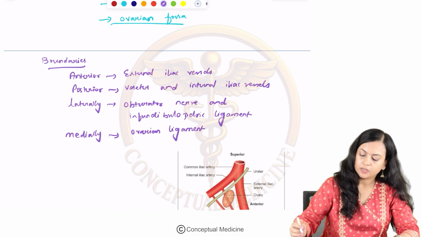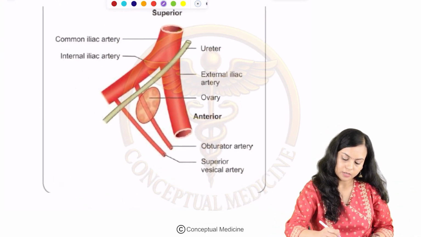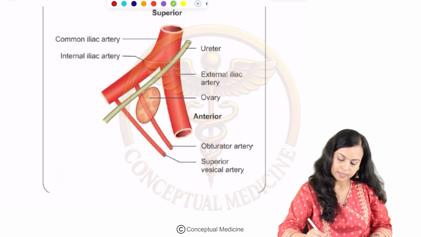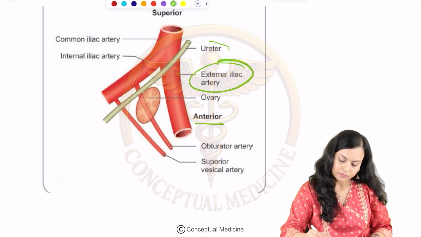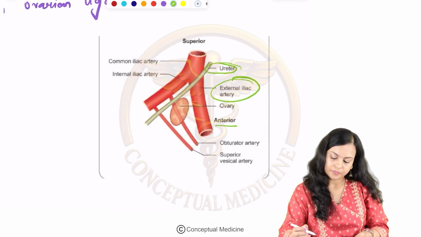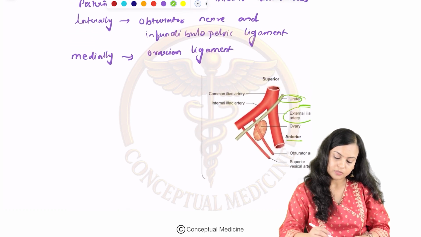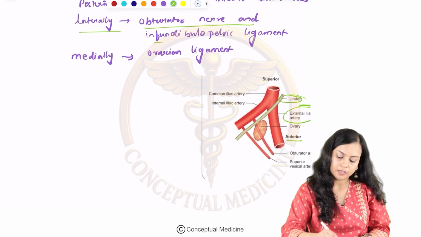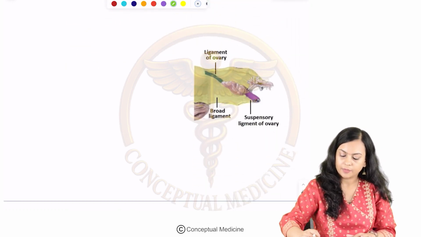Okay. So if you see this picture, you will get an idea. Anteriorly, it is by the external iliac artery. And posteriorly, it is by the ureter and internal iliac artery. So laterally, it is by the obturator nerve and infundibulopelvic ligament, and medially it is by the ovarian ligament.